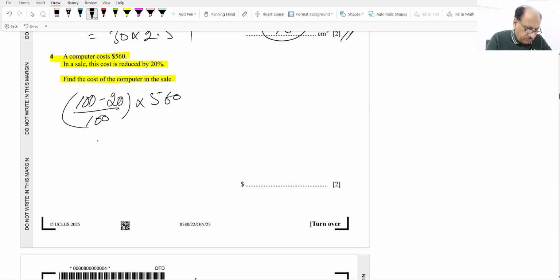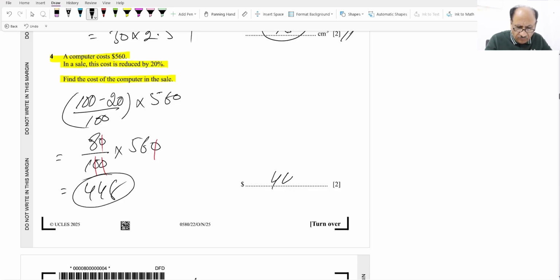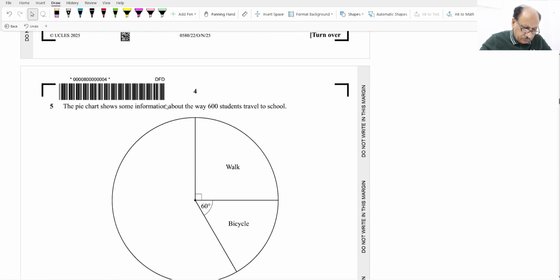So we'll have to simplify. We can write this as 80 over 100 into 560. So after cancellation we can multiply, and this will be 56 multiplied by 8. This will be 448. If you multiply, you will get 448. That's all. This is basically a 2 marks question which we have done.